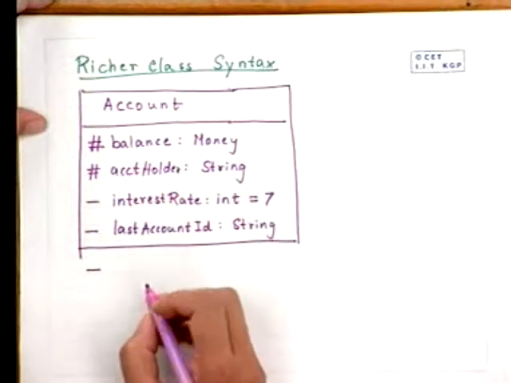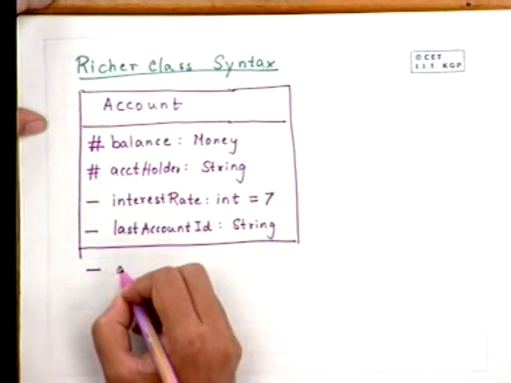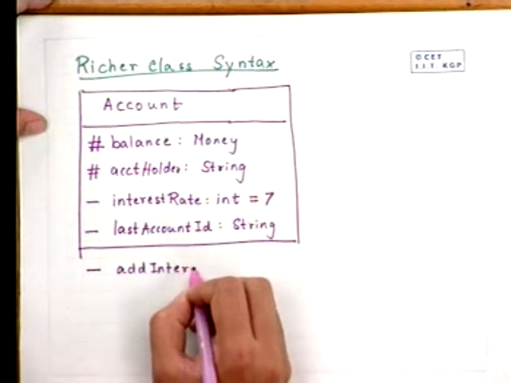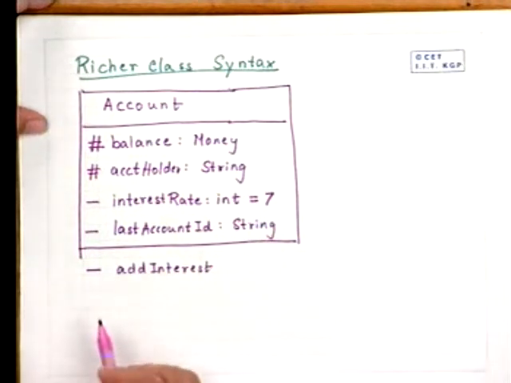After this, we have the operations compartment. We have this operation add interest, which is a private operation, and we can also specify the signature of the operation.